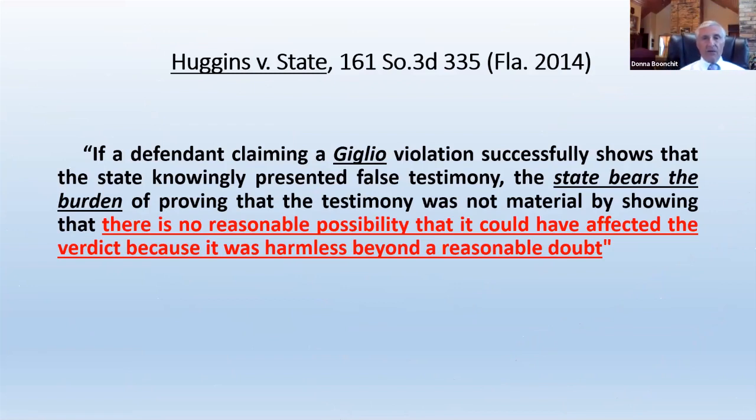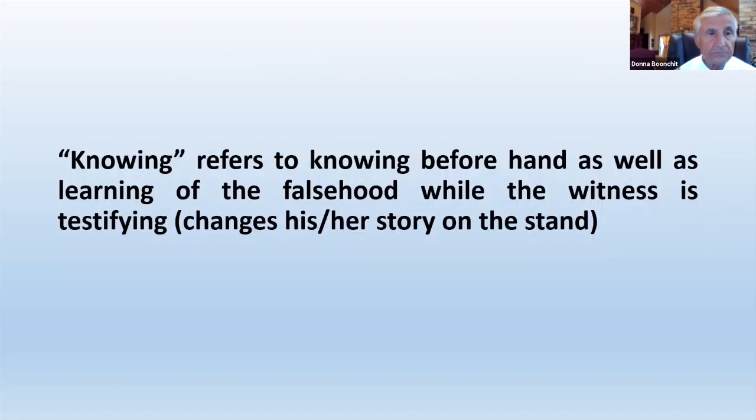Now, if you compare that against a Brady violation and what it takes for a reversal of a Brady violation, you'll see that Giglio is ratcheted up. Presenting false testimony just destroys the very fabric of our judicial system. So no reasonable possibility it could have affected the verdict, harmless beyond a reasonable doubt, is pretty high for the state to be able to overcome.